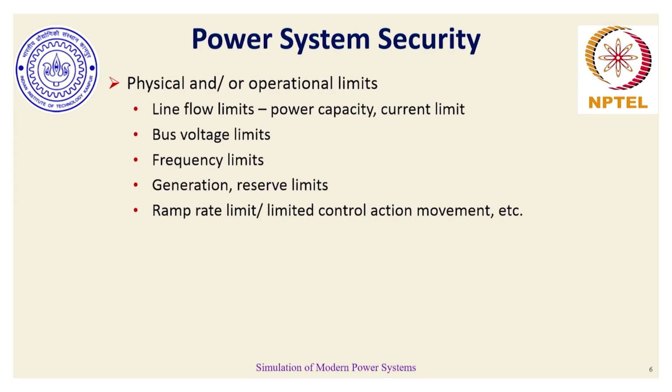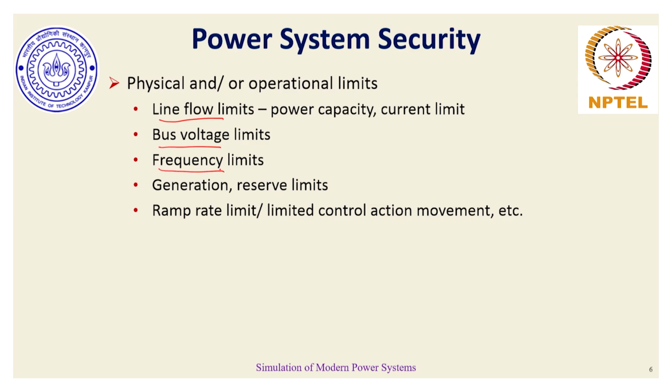So, as I was mentioning, the physical and operational limits: every line has its flow limit because every conductor has a maximum current carrying capacity. Buses also have their limits from a voltage stability or from a long-term or short-term operational perspective. Network frequency has limits.